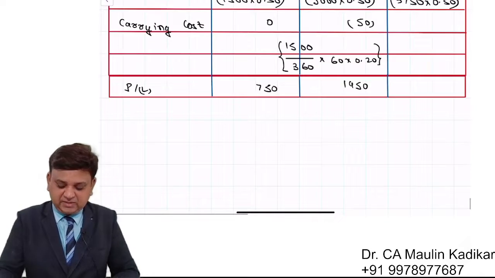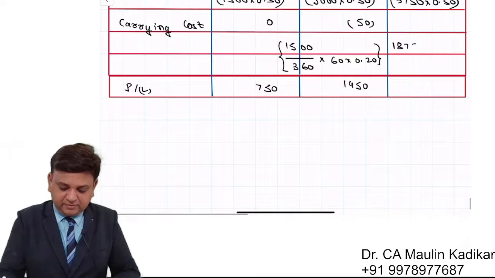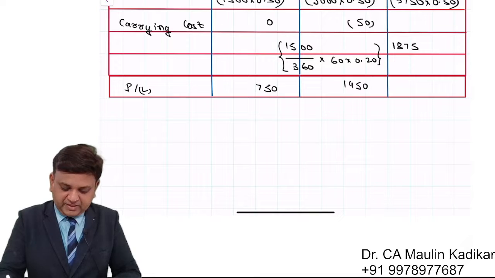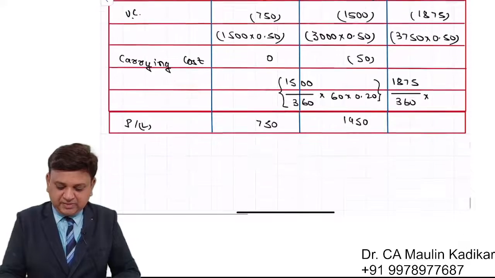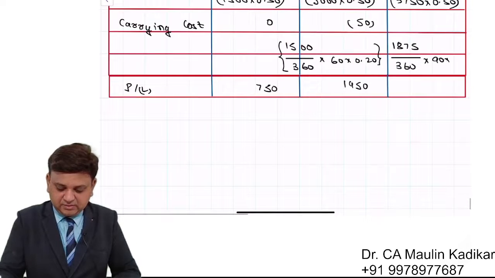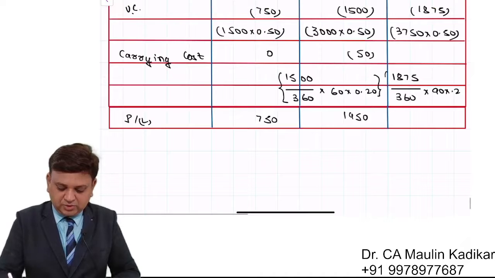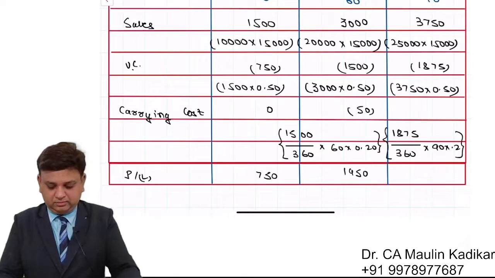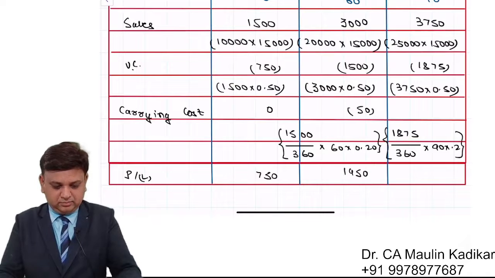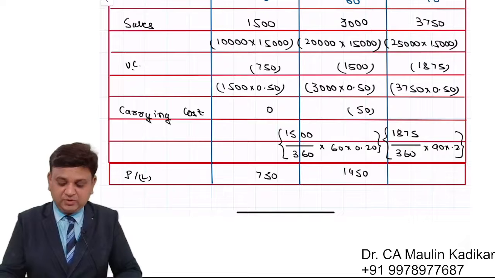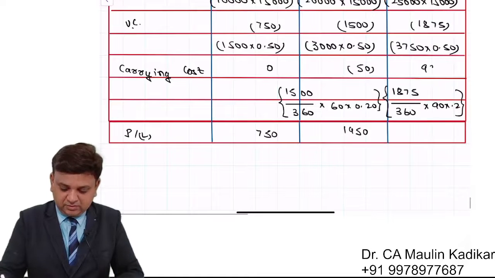As far as the carrying cost is concerned, 1,875 divided by 360, into credit period of 90 days, into 0.20, that comes to 93,75,000.